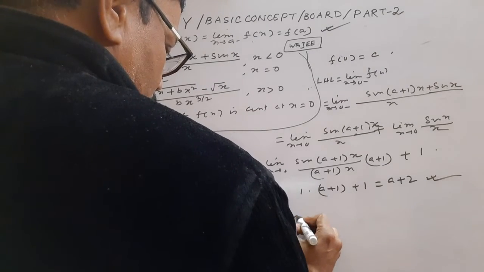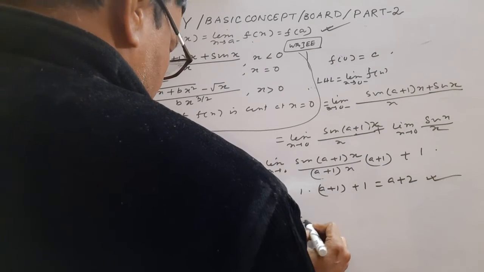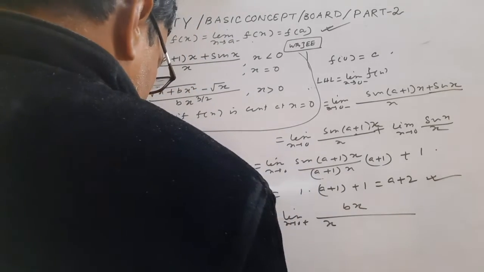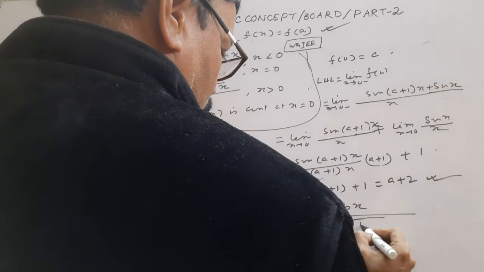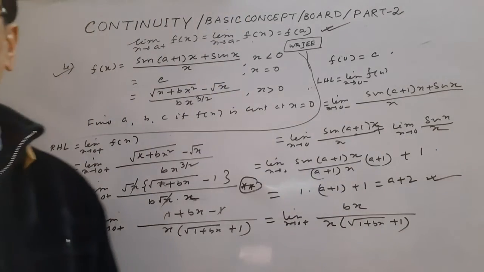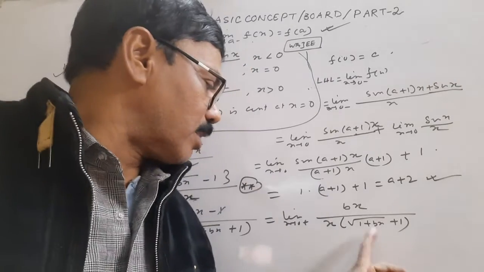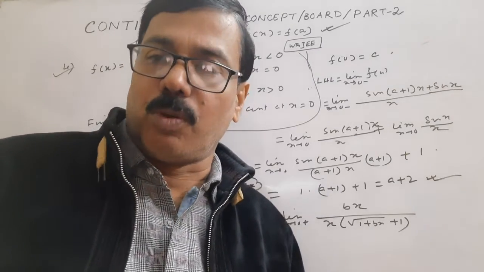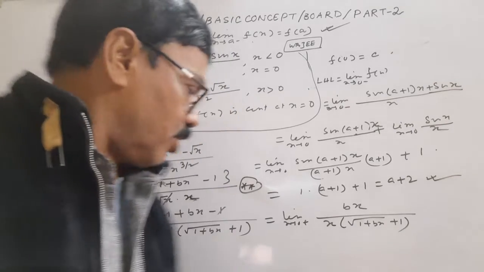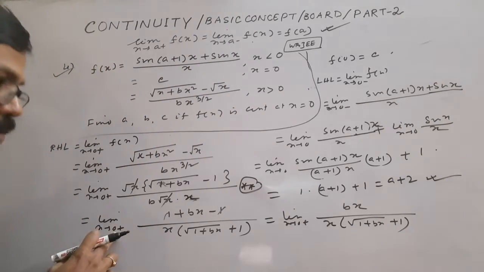So this is limit x tends to 0 plus, bx by, 1 cancels, x into root over 1 plus bx plus 1. We have already stated this rationalizing factor creates no problem if you put x equals 0. X tends to 0, so your main aim is to cancel x.